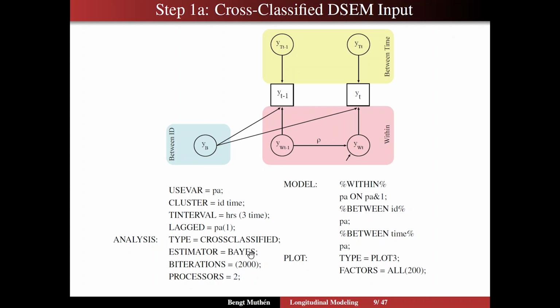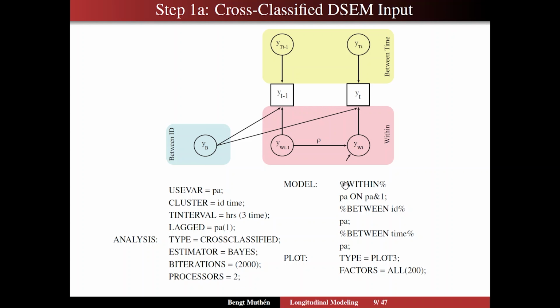We can only do this using Bayes estimation. B iteration stands for Bayesian iterations, and the value in parentheses says that we should do at least 2,000 iterations to make sure that we have a dependable solution. Number of processors is 2. Even if you specify, say, 8, you will only use 2 here in the computations.